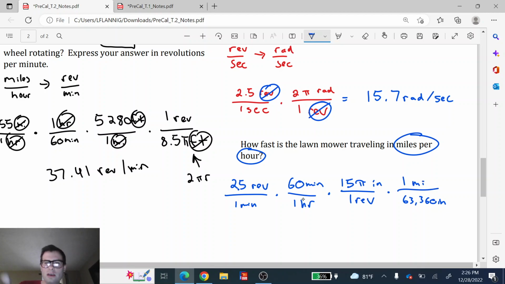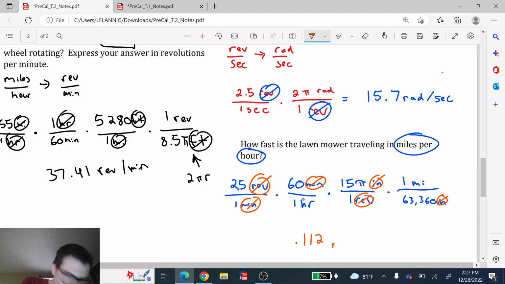And when you cross out all of your things to make sure you're good, so revolutions is gone, minutes is gone, inches are gone, multiply straight across from the top, multiply straight across from the bottom, and you're going to be given 0.112 miles per hour. And that's it.